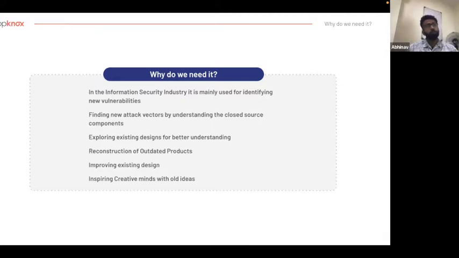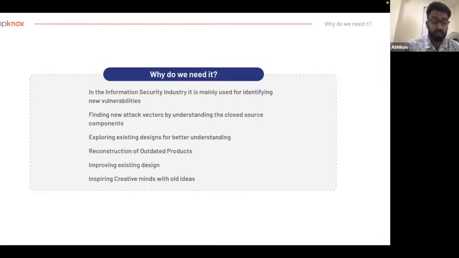Maybe there are closed source components that might give you new attack vectors when you reverse it and understand what is going on behind the scenes. But apart from cybersecurity, is there no other use for it? Of course not. If you are trying to explore or better understand a certain product or component that you are trying to use, you can use reverse engineering here.